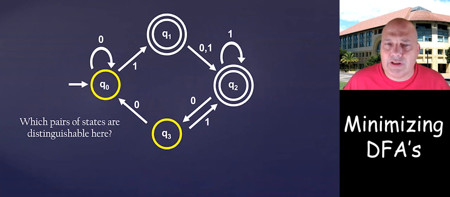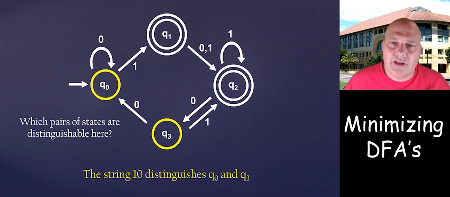What about the states Q0 and Q3? Are they distinguishable? Yes, they are distinguishable. The string 10 distinguishes Q0 and Q3. If you take 10 from Q0, you reach Q2, which is accept. If you take 10 from Q3, you reach Q2 and Q3 back, which is reject.